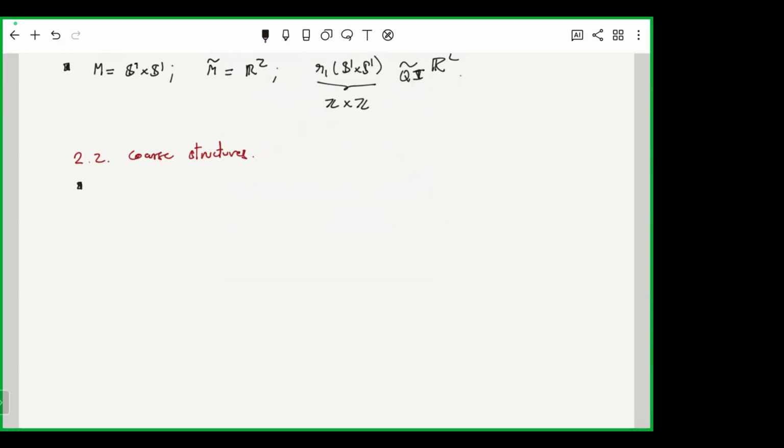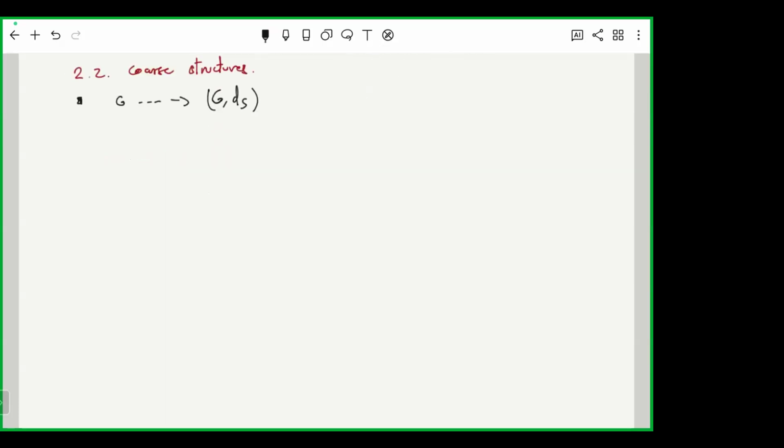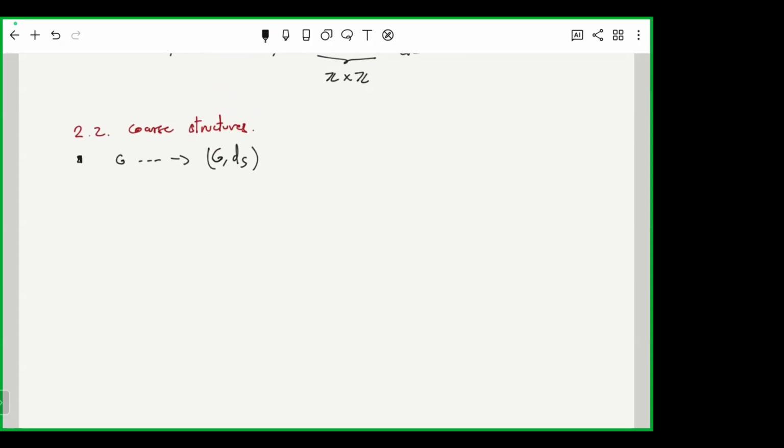Well, the motivation is already there. We had a group, we choose a finite generating set, and so we get a metric space. Now this metric space depends on S, but the large scale geometry does not, because of this lemma we talked about earlier.